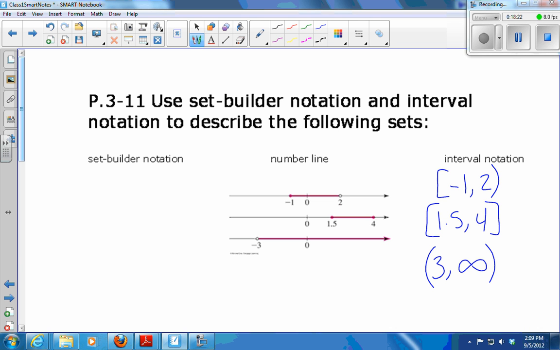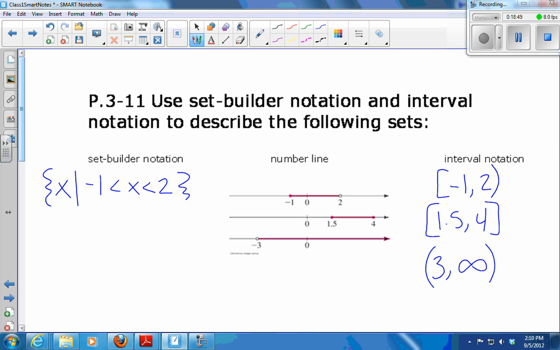All right, so let's translate to set builder notation. I want all the x's between -1 and 2 here. So I'm going to put the set of all x such that, and then I want to sandwich my x between -1 and 2. I set the sandwich up, and then I decide where to put the or equal to's, right?